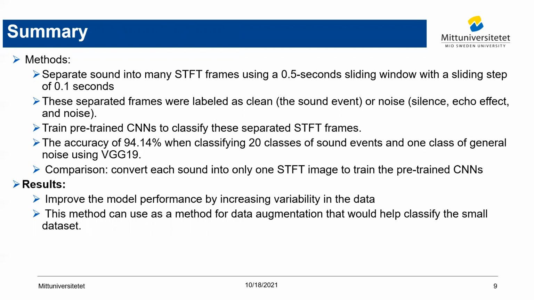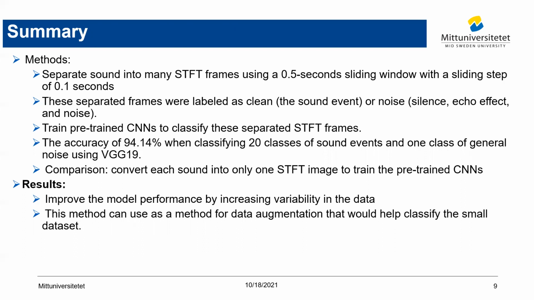To prove the robustness of our proposed method, we trained pre-trained CNNs to classify the separated STFT frames. VGG19 showed the best accuracy among the 6 chosen pre-trained networks, reaching 94.14% when classifying 20 classes of sound events and 1 class of general noise.